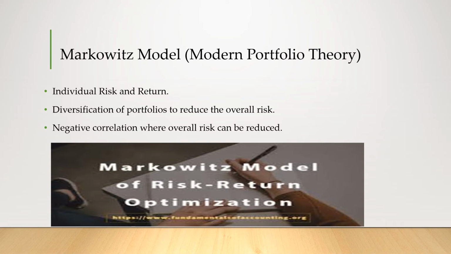Then the second one is diversify to reduce the overall risk. The diversification of funds at different places should be done to reduce the overall risk. Say for example, a portfolio with various ways of diversifying.